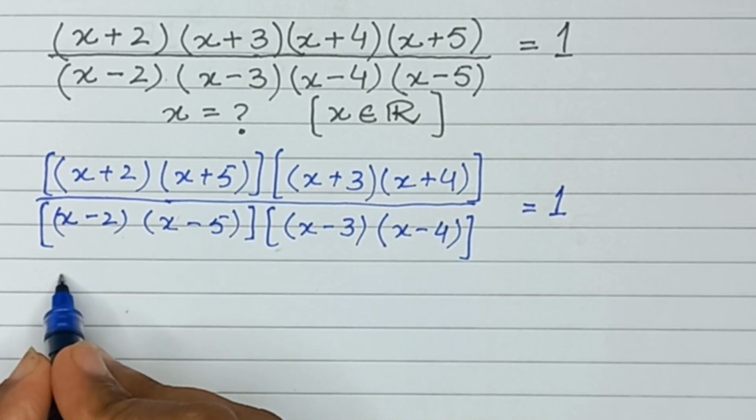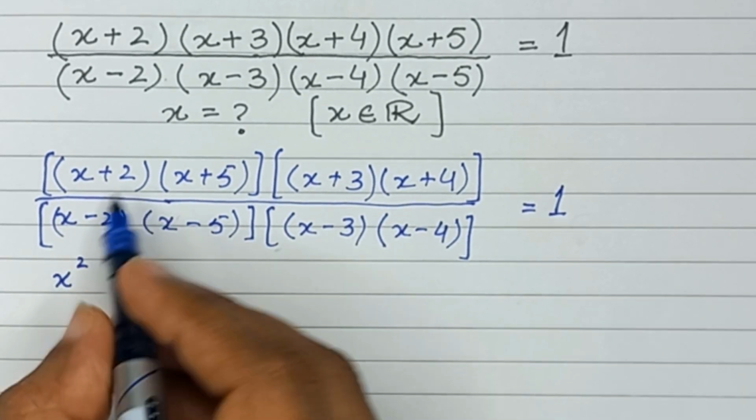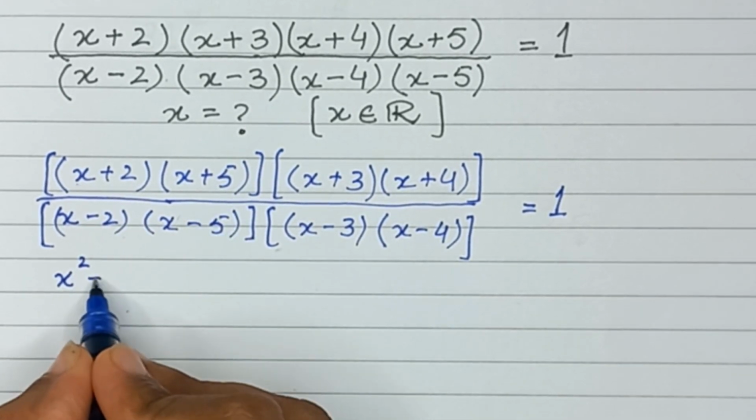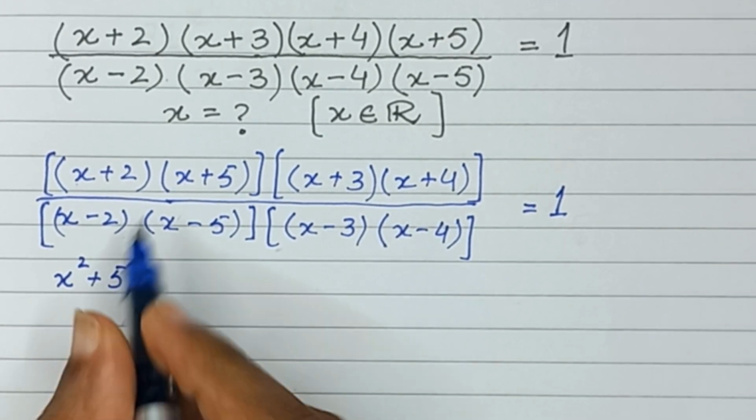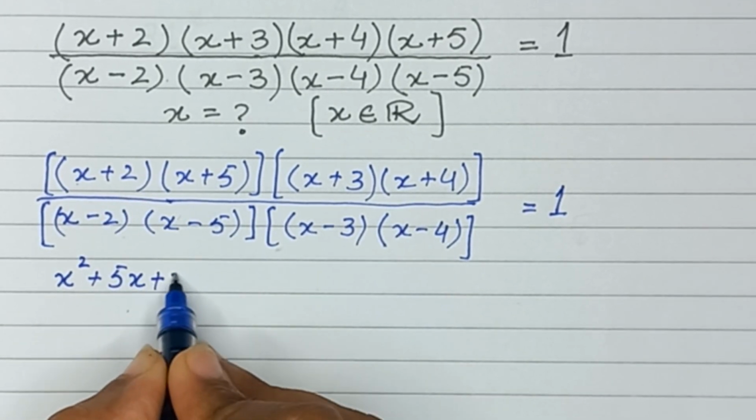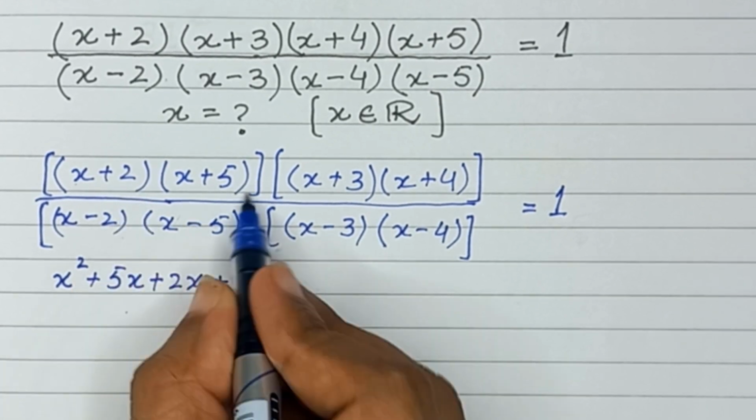x into x will be x square, x into 5 is 5x, plus 2x, plus 2 times 5 is 10.